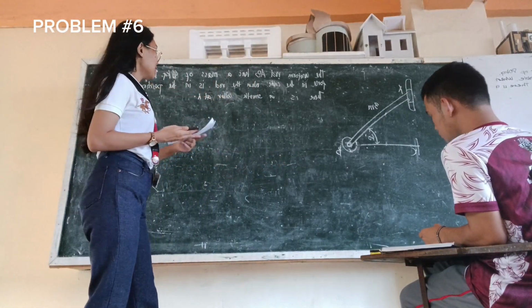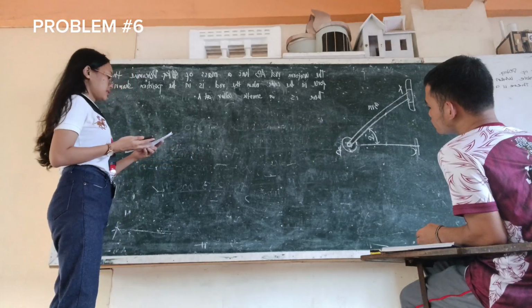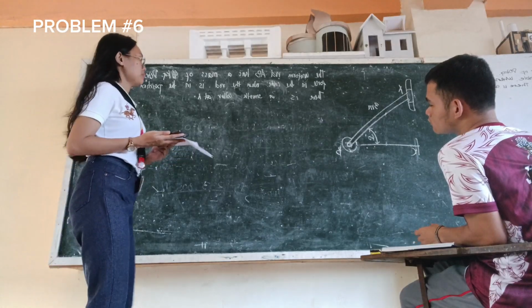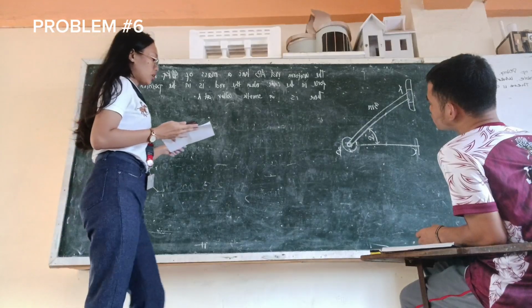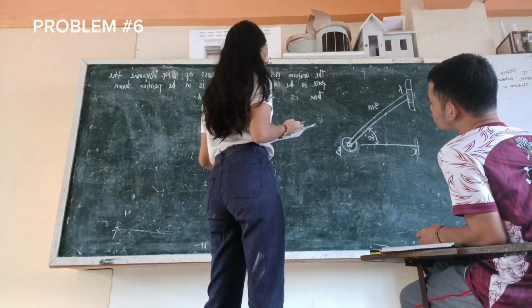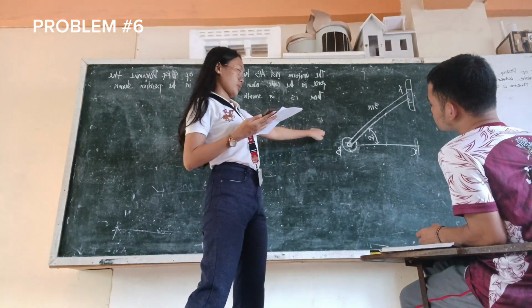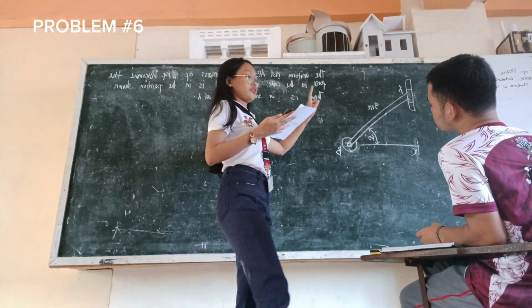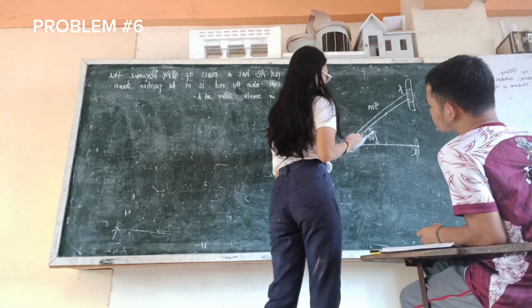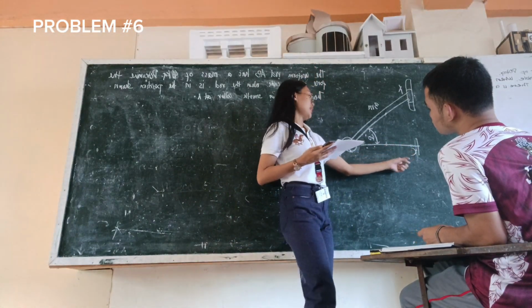So the mass is given. Usually we neglect the mass of the beams, but in this question we include all the forces that are being applied to our free body diagram. So we have a tension here in the line CB.